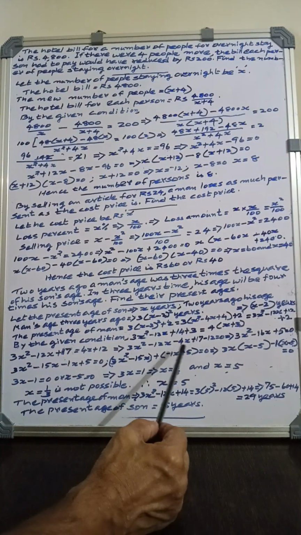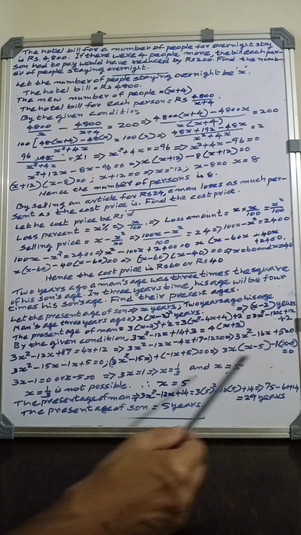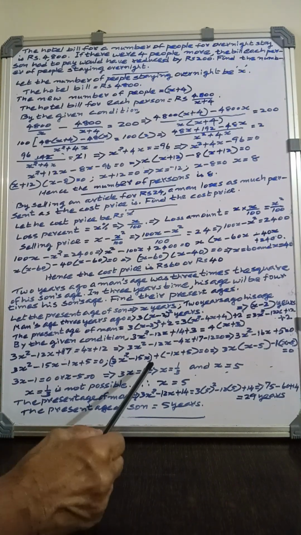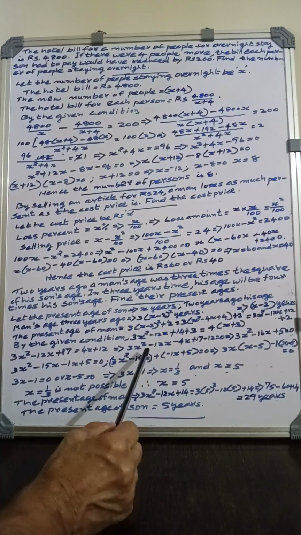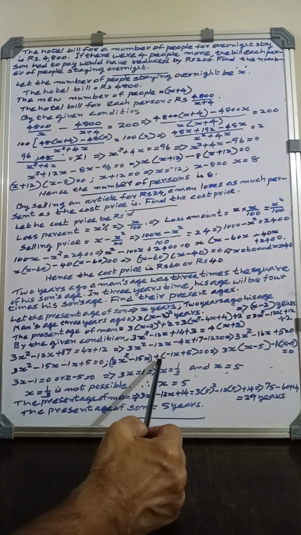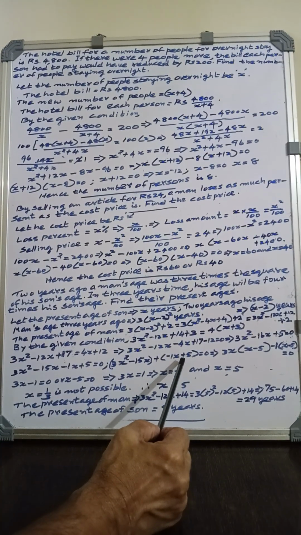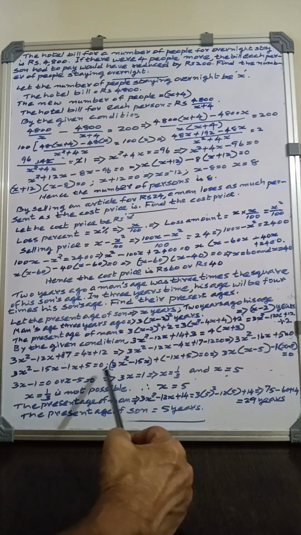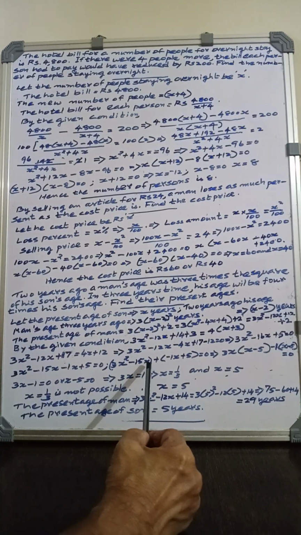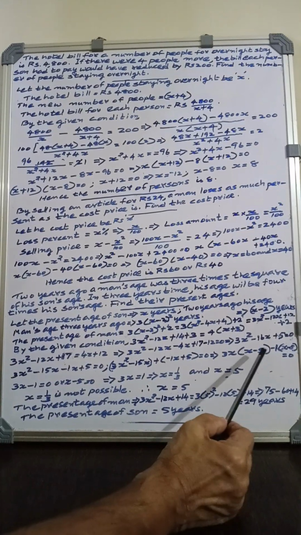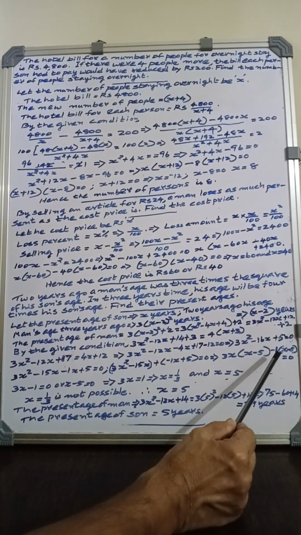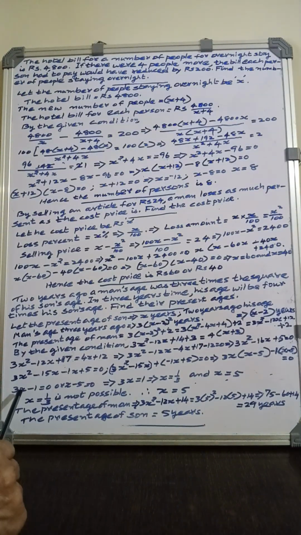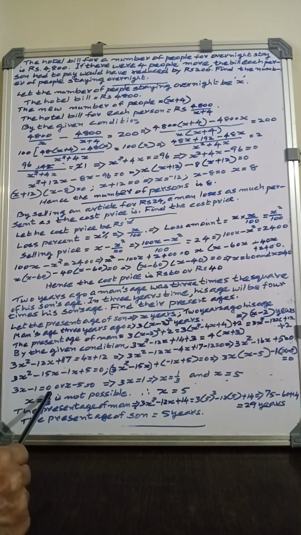Splitting the middle term, minus 16x as minus 15x and minus 1x. 3x squared minus 15x grouping plus minus 1x plus 5 grouping equals 0. Taking the common factor, 3x into x minus 5 minus 1 into x minus 5 equals 0. Therefore, 3x minus 1 equals 0.